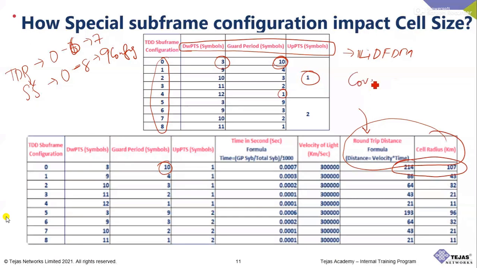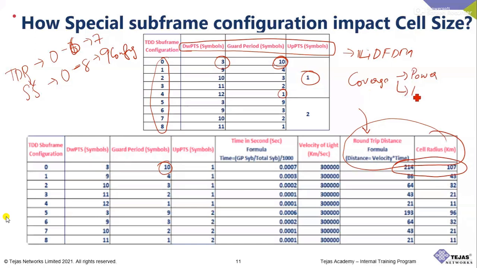There's also RACH, that is random access channel, impacting coverage. There's also scheduling impacting coverage. Frequency also impacts coverage. And one more important input is the special subframe guard period. If we allocate more symbols for the guard period, your cell radius increases. With this guard period, the cell radius we get is 107 kilometers.